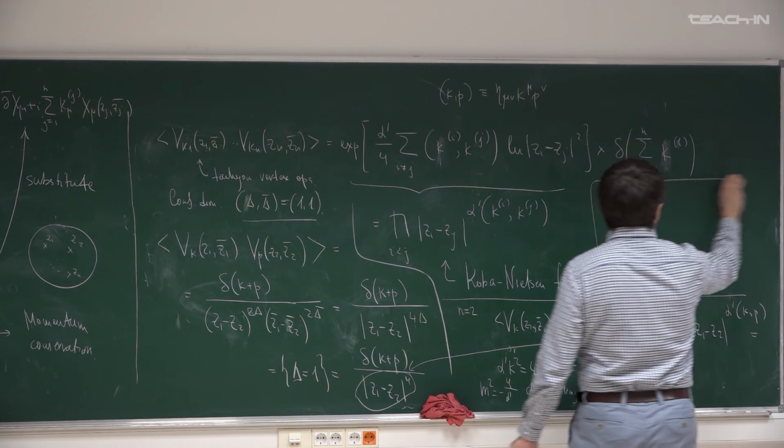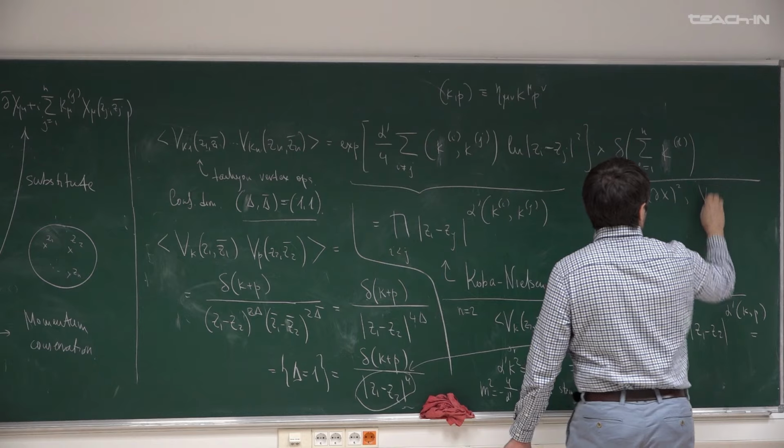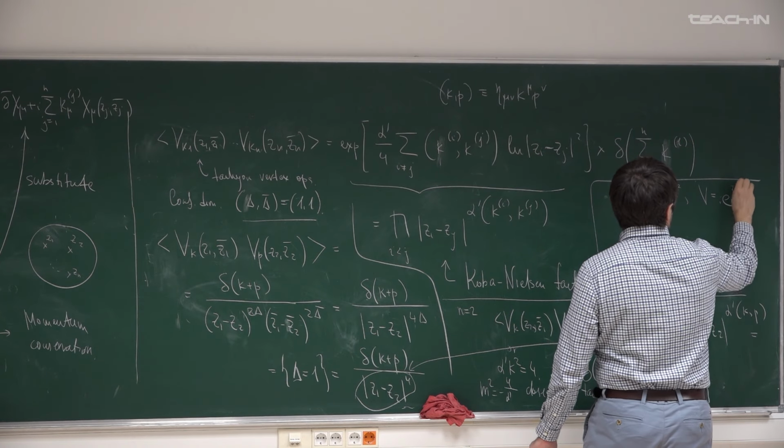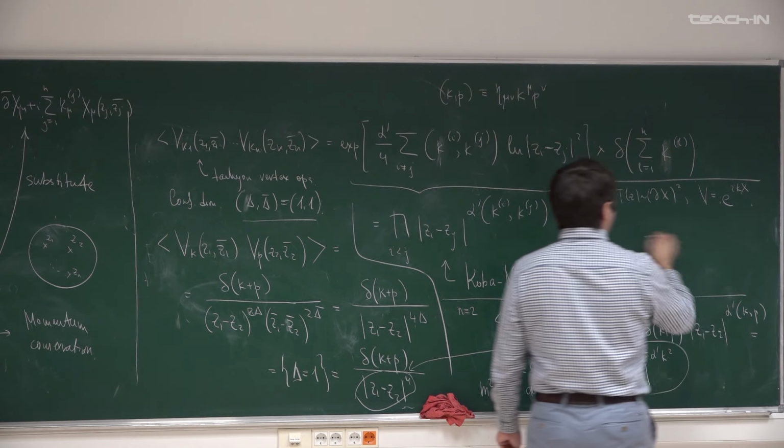Alternatively, like I mentioned to you, T of z is dx squared, and if we consider our vertex operator as e to the ikx, you start computing the OPE of these two guys.